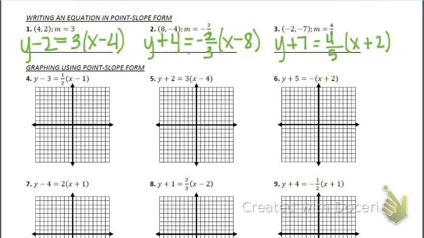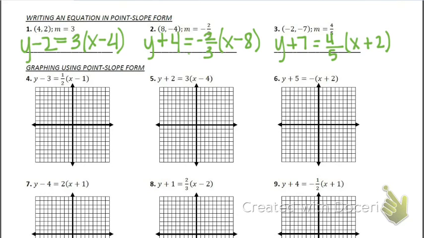Jen. Exactly. When we are subtracting a negative, so when I am subtracting negative 4 and subtracting negative 7 and subtracting negative 2, those become positive. So in our equation, it's written as y plus 7 and x plus 2. Easy enough? Okay, let's graph it.